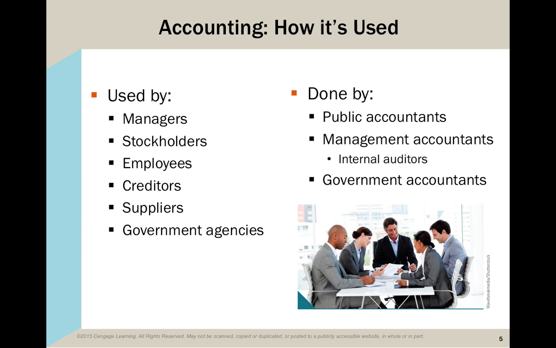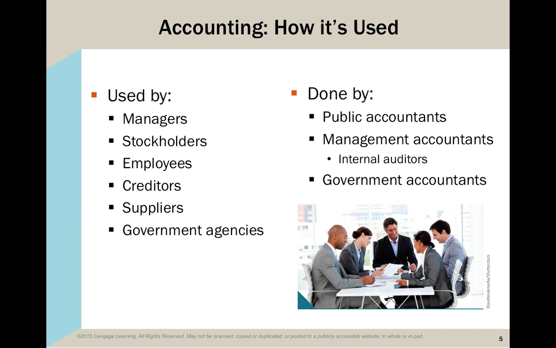And likewise, suppliers use this information to confirm whether or not the company can pay them back. Most large firms will buy their inventory or their natural resources on credit, but they have to make good on those bills.